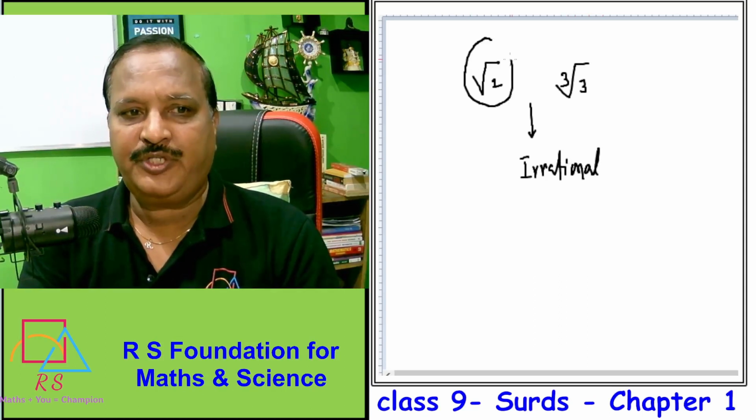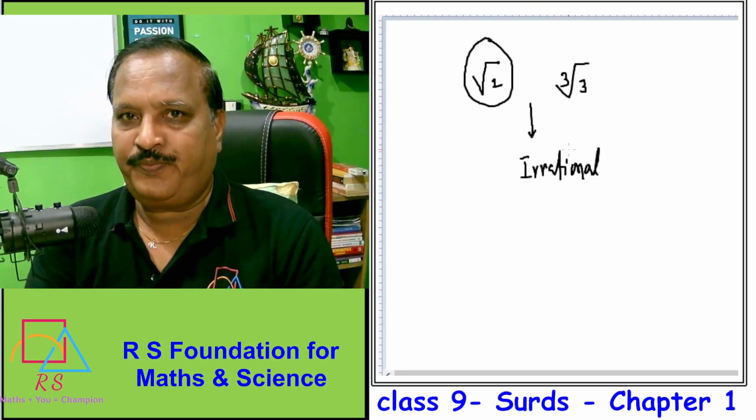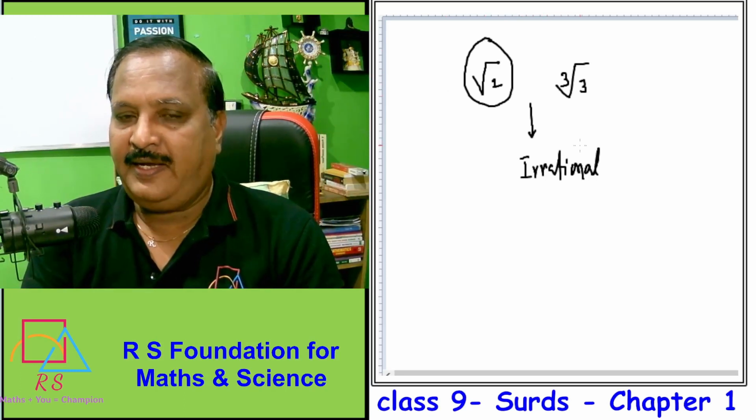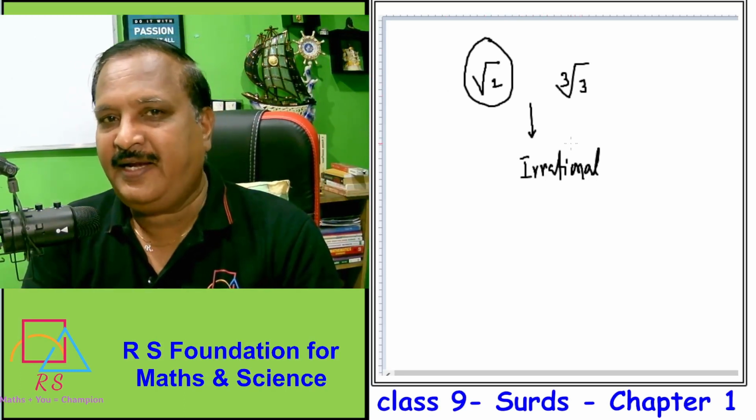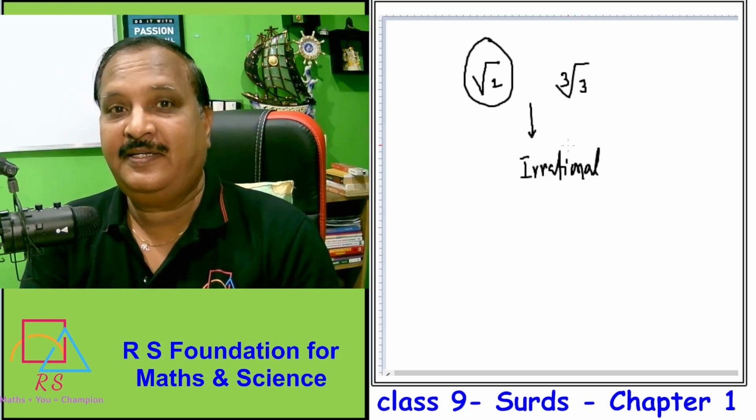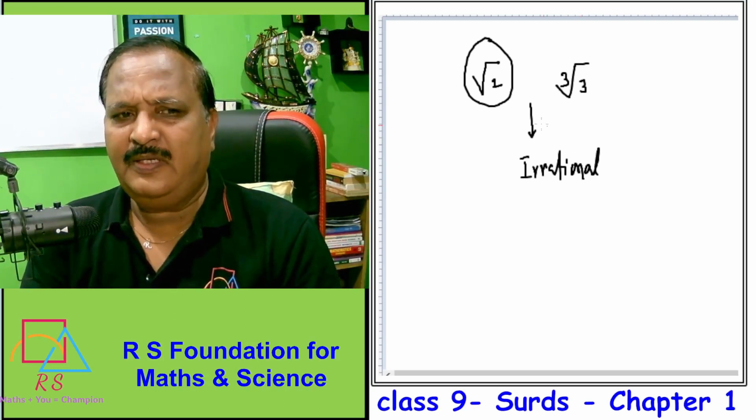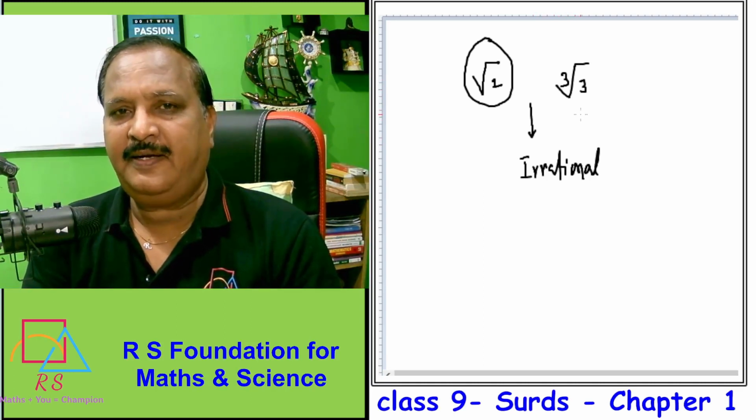Mainly we have used square root of 2 in understanding irrational numbers, because its decimal form is non-terminating and non-recurring.